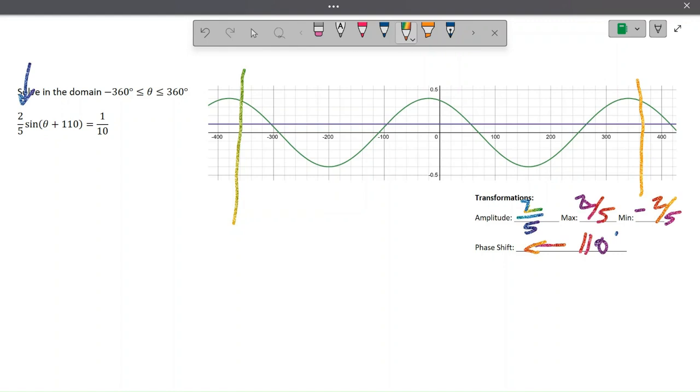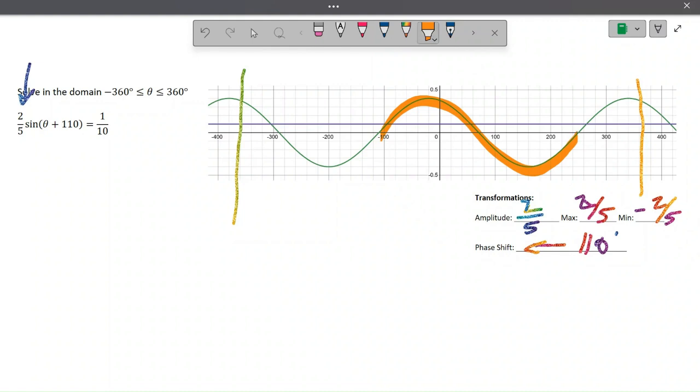Okay, let's get oriented to what we are actually solving for. So our domain is quite big. We are looking at from negative 360 to positive 360. I've drawn vertical lines there in that glittery pen color to highlight that. And I just also wanted to point out that our graph, because it's been shifted 110 degrees, our wave starts here and goes all the way here. That's 1, right?